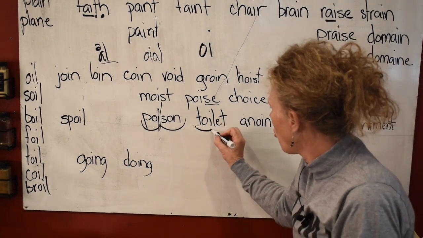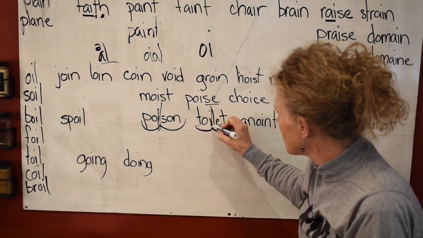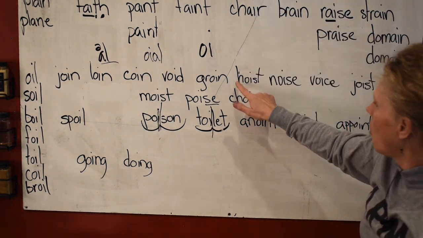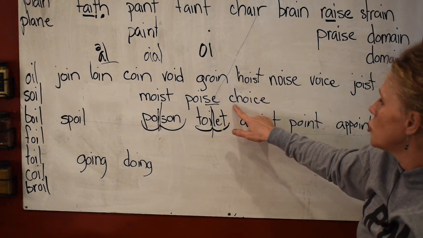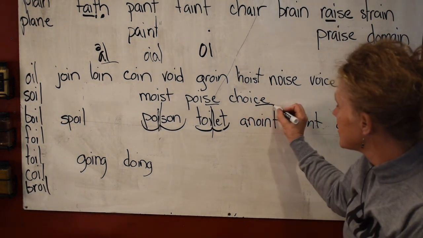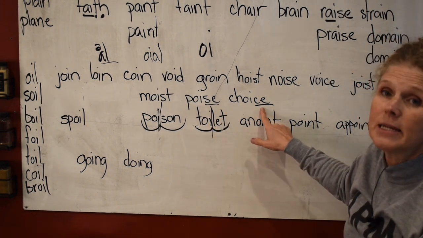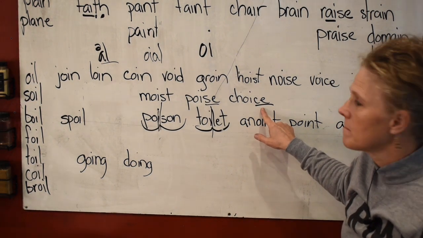Now look, toilet. So this breaks right here. Toilet. Hoist. Choice. Oh, see here, look. You have a CE. See how SEs say Z? CEs always say S. Okay?